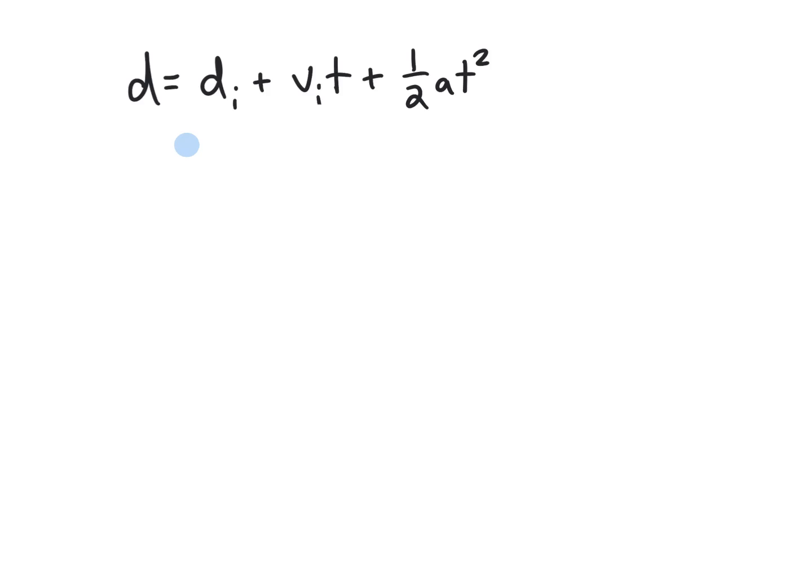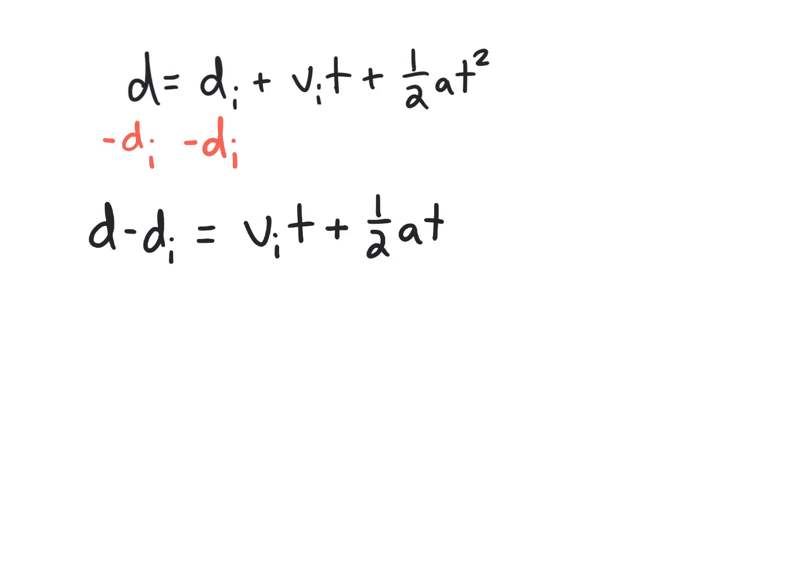So I'll be subtracting d sub i from both sides. I get d minus d sub i equals v sub i times t plus half of a t squared. I want to get rid of everything except for a, so I'll subtract v sub i times t from both sides.